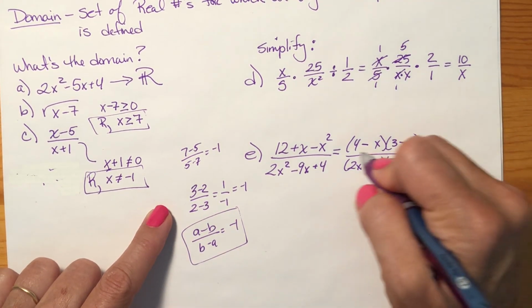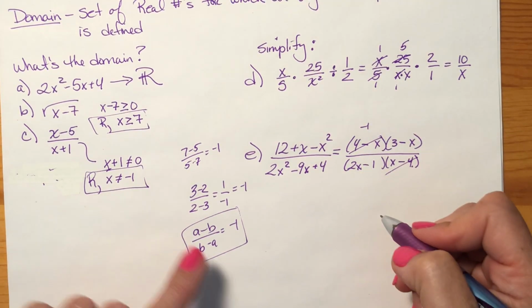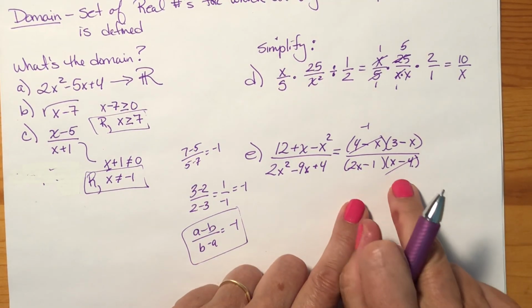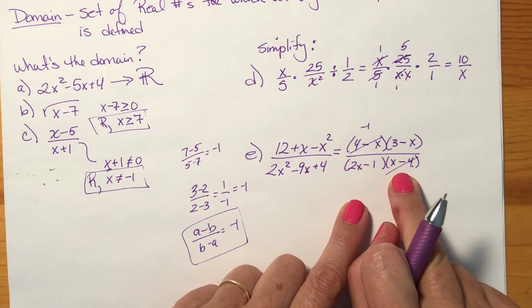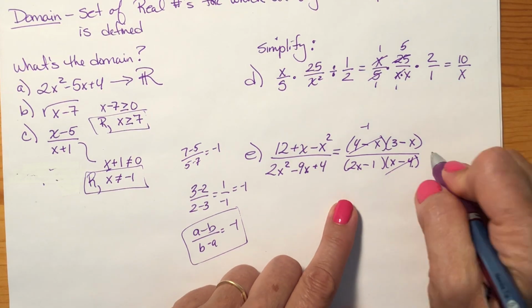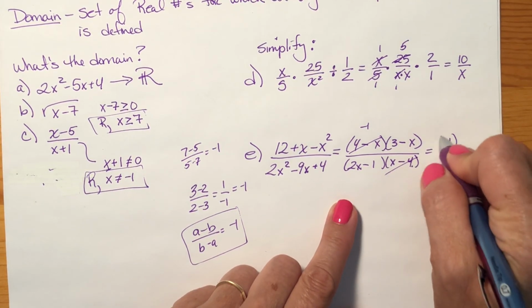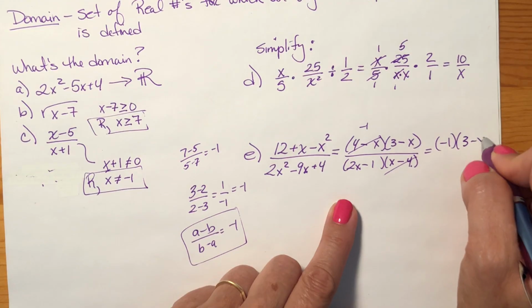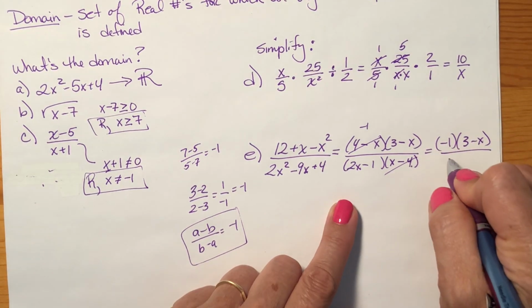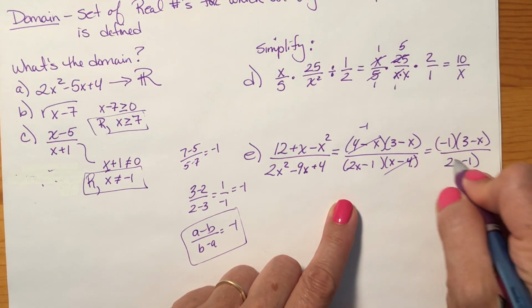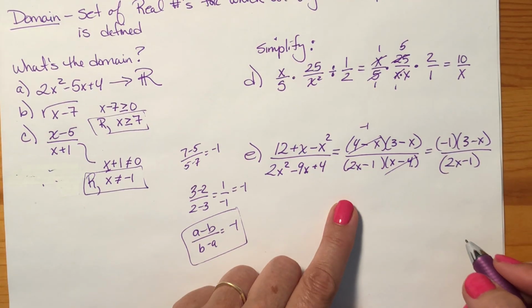So what you're going to do here is divide those out. You have a negative 1 here. Now, notice that I've divided out the factor with the x minus 4 in it. My final answer, personally, I would like to leave that negative 1 there, just my style. If you'd like to distribute that negative 1 back around, you can do that.